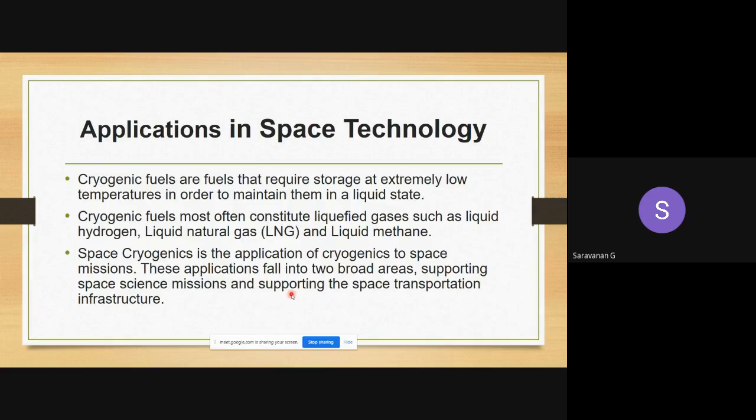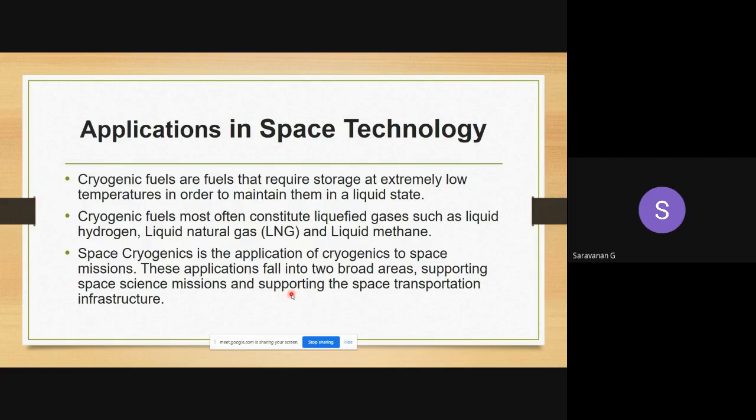All these can be used in various ways in space science missions: thermal detectors, coolers, refrigeration systems, and telescope systems. Those are all the applications.